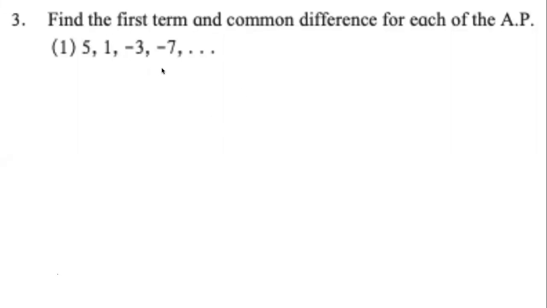So if we could do the fill in the blanks question, we can also solve these questions. No different. AP is given. Yes, the AP is 5, 1, -3, -7 and so on. So first of all, it's an infinite AP. And it already says that it is an AP. So we have no doubt about whether this is an AP or not. This is an AP. Definitely.